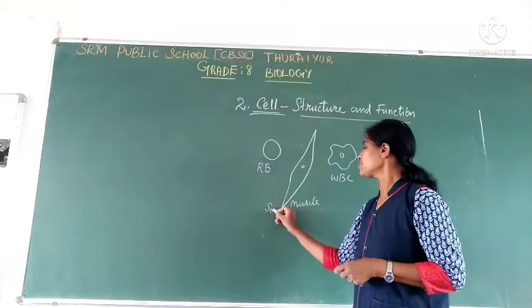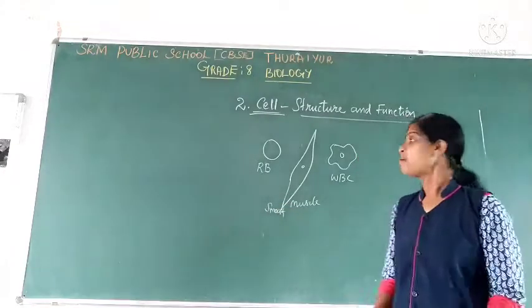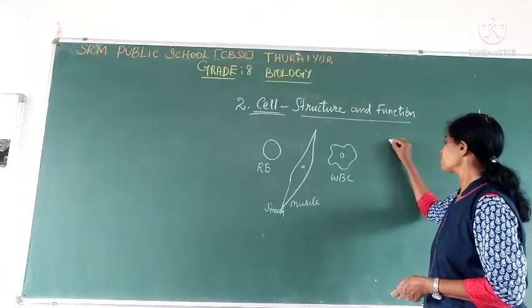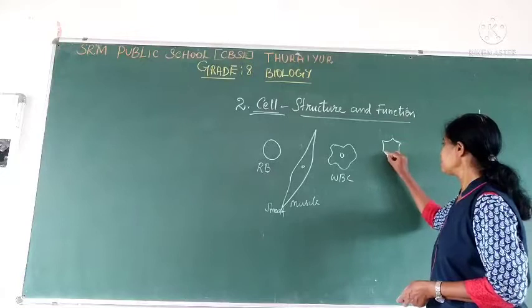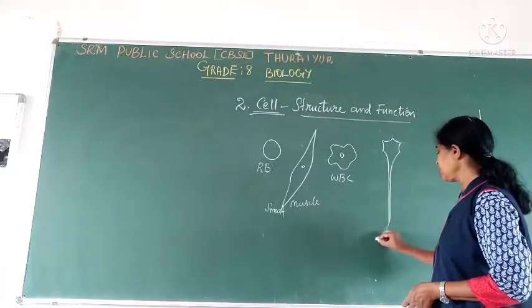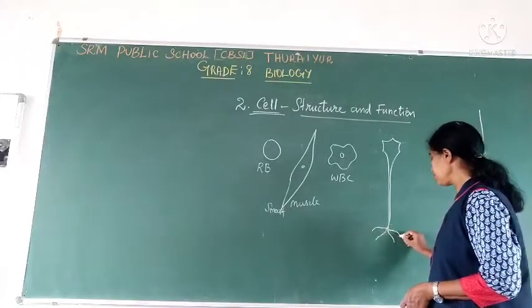Smooth muscle cells, and some are elongated, children. Elongated and branched, this is actually the nerve cell.